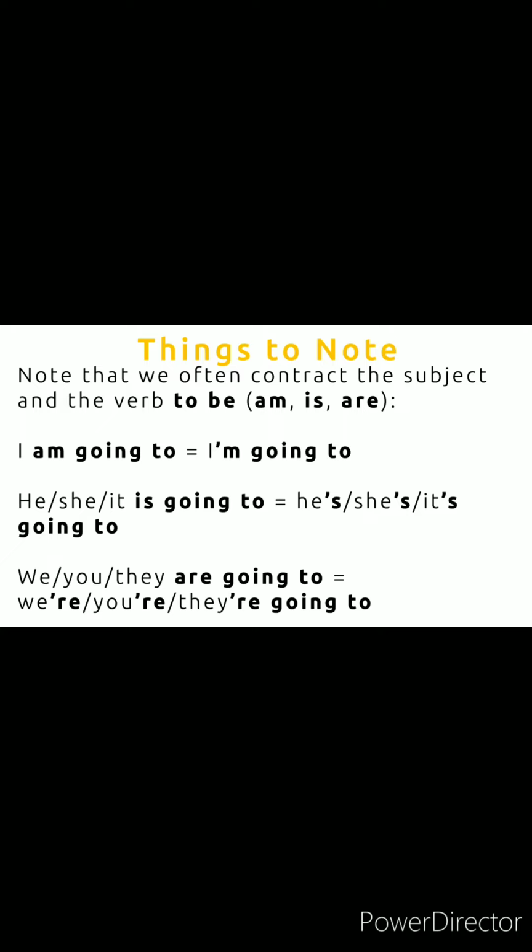She's going to go swimming. Or it's going to fall. And when you use we, you, or they are going to, you can contract these to we're going to, you're going to, or they're going to.